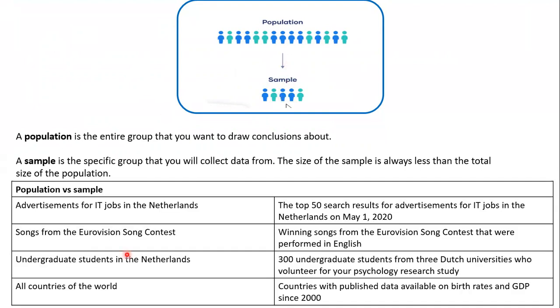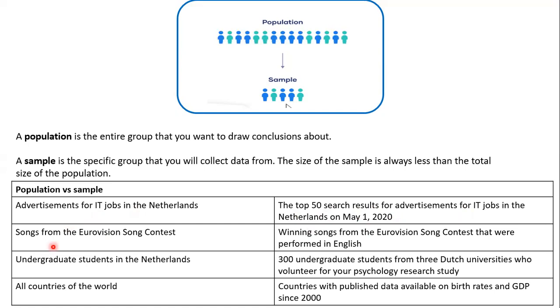Here we have a few examples of population versus sample. We have advertisements for IT jobs in the Netherlands. This is the population, and from it we have taken the top 50 search results for advertisements of IT job roles as the sample.